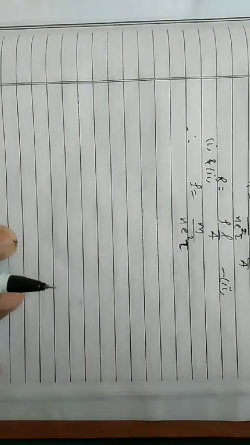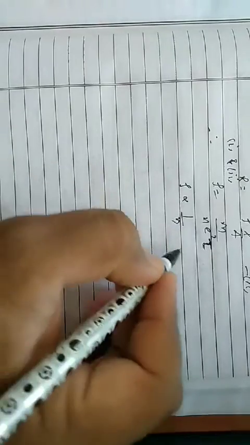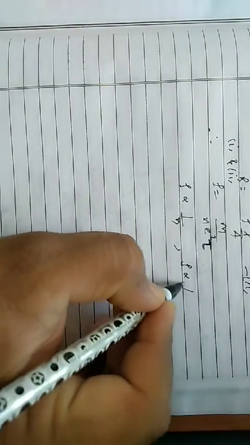Therefore, we can say resistivity is inversely proportional to the number of ions and inversely proportional to the relaxation time.